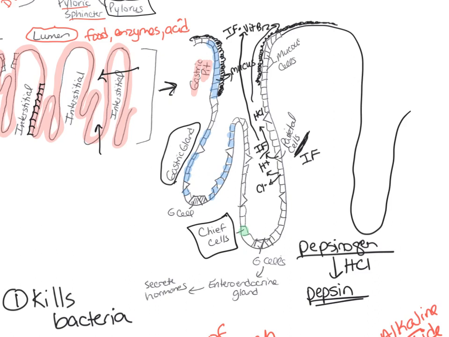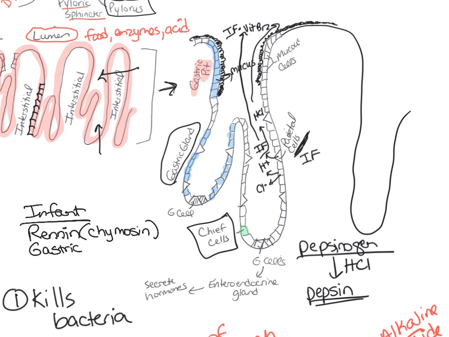An infant stomach will also produce a couple of other things that adult stomachs don't produce. An infant produces what we call renin, with 2 N's, not to be confused with renin from the urinary system. Another name for renin is chymosin. And an infant also produces gastric lipase.